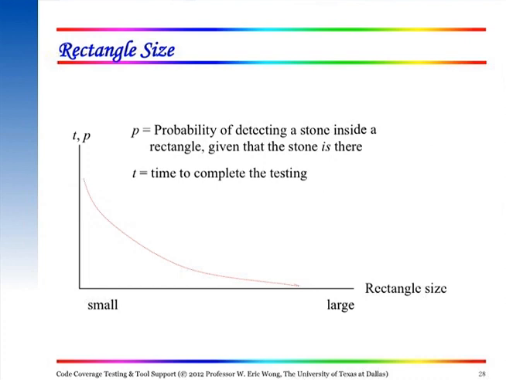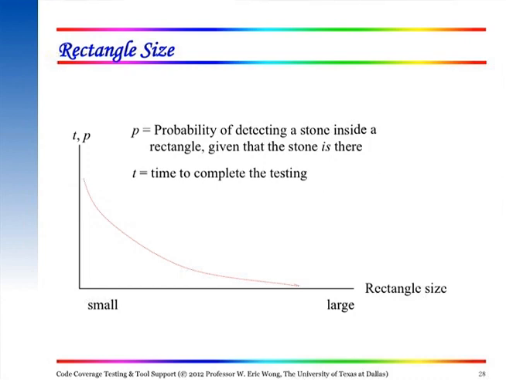So when the size becomes larger, the time required to complete the inspection goes down. But the probability of detecting a stone inside a rectangle also goes down because the cell becomes too large, right?